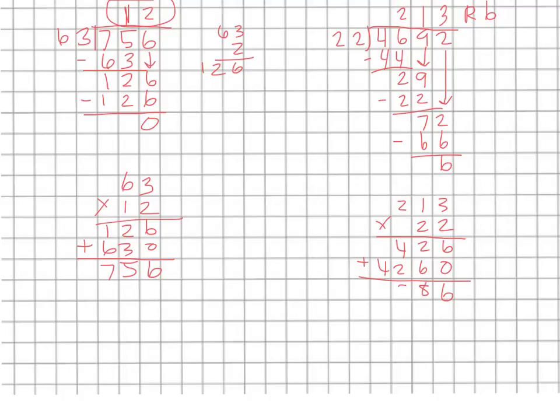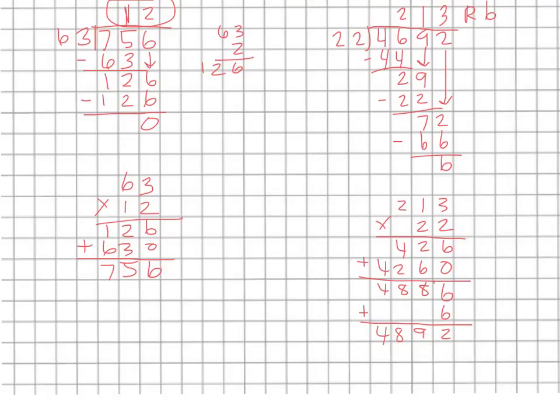Multiplying, now adding up. Okay, I got 4,886. But remember, I also have to add my remainder. So then that should, yeah, there we go. That should match here with my product.